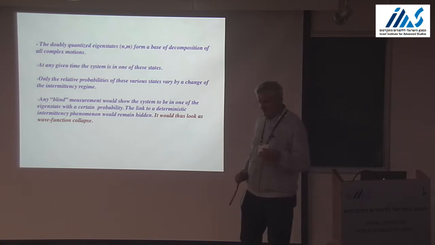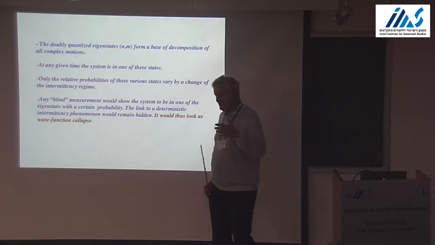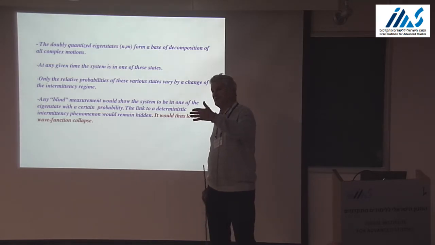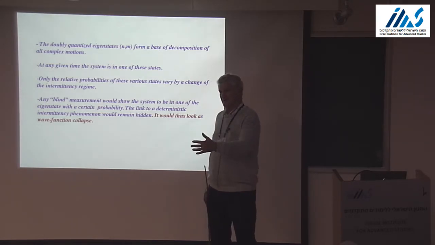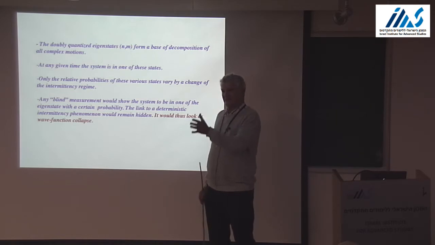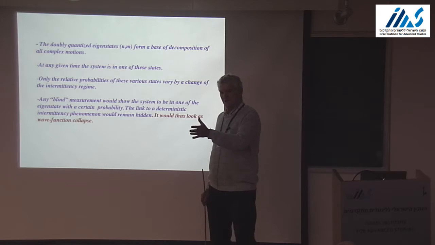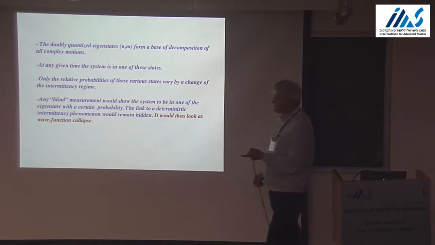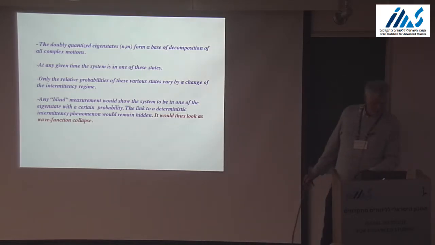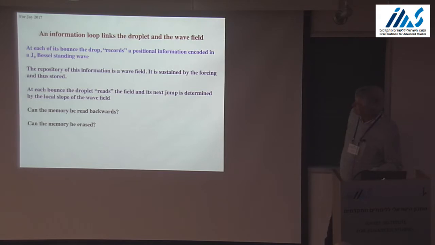And if you imagine a system where you cannot see the drop and cannot measure its trajectory, then any blind measurement, say of the angular momentum, would give you one value or the other. So you would have something somewhat reminiscent of wave function collapse.